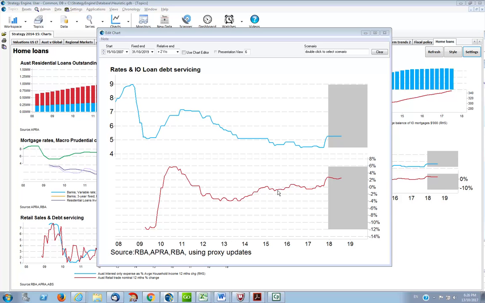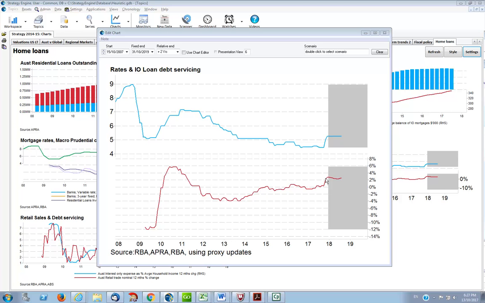If we build in a 75 basis point lift in interest rates on interest-only loans, it amounts to about 2,700 per annum for the average household. That would equate to around about 2.5% of income, as you can see on the right-hand scale. So an increase in interest-only mortgage rates of that magnitude amounts to something like 2.5% of average household income, which is a little bit over 100,000.